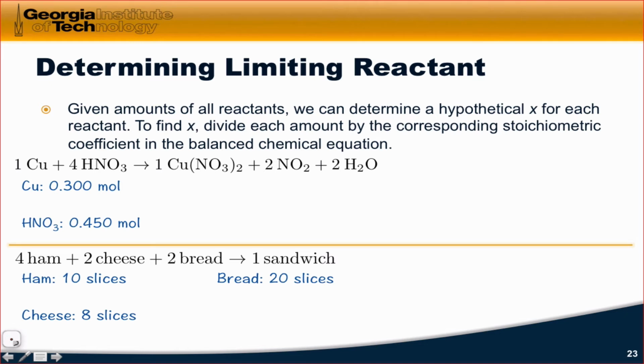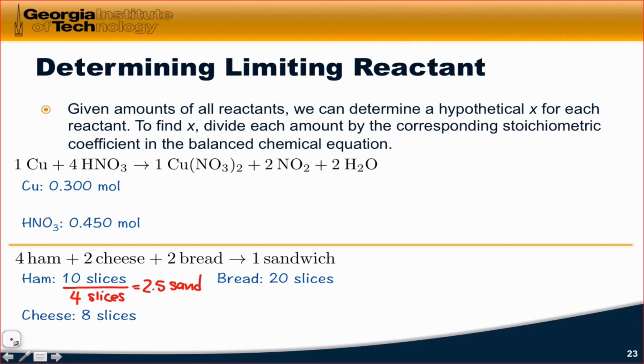So the way to do this is to take the number of slices that we have on hand and divide by the number needed to produce a single sandwich. So if we have 10 slices of ham and we need 4 per sandwich, then that means that we can produce 2.5 sandwiches, just abbreviate that as sand, from these 10 slices of ham.